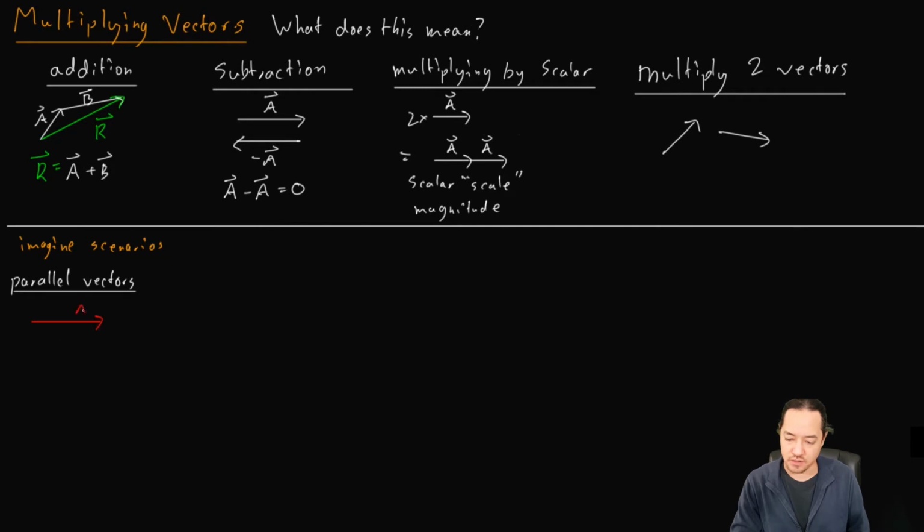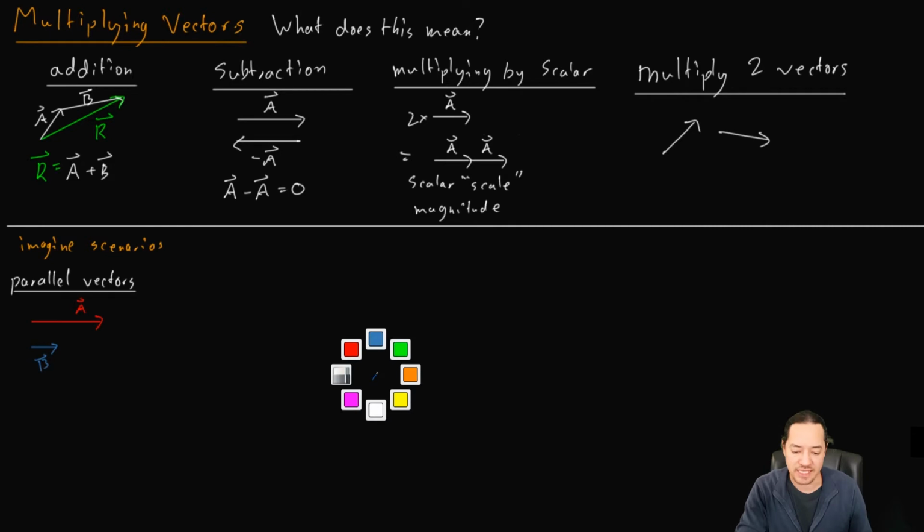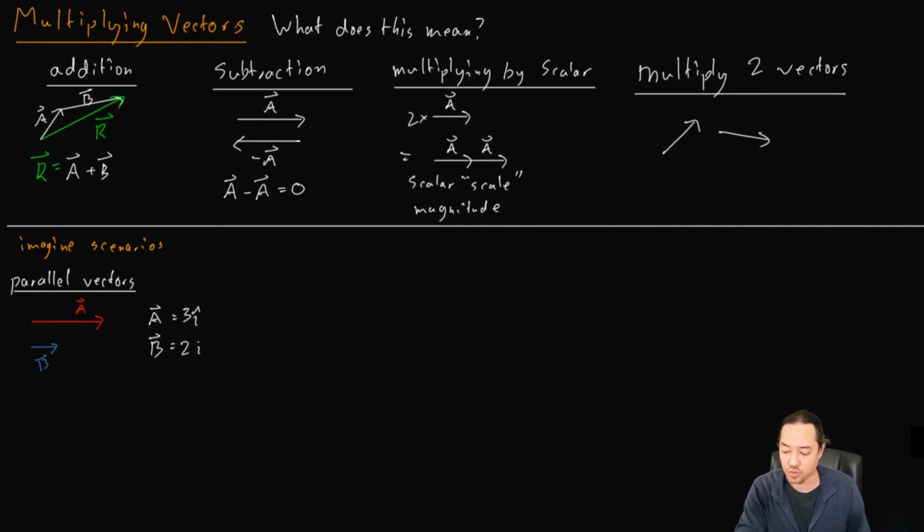Let's call this vector A, and then we'll have another vector parallel to A, and we'll call this vector B. I know, it's surprising. Let's define these vectors: A is equal to 3i hat, and vector B is equal to 2i hat.